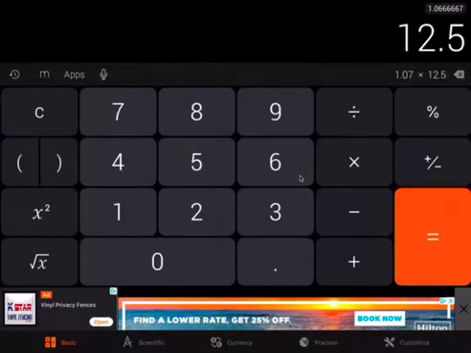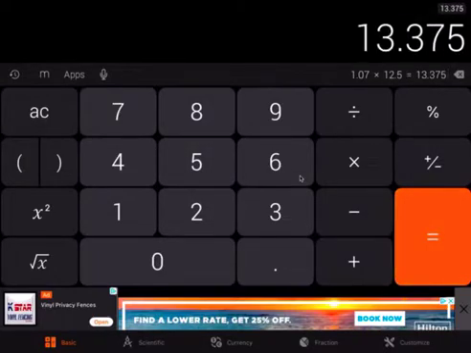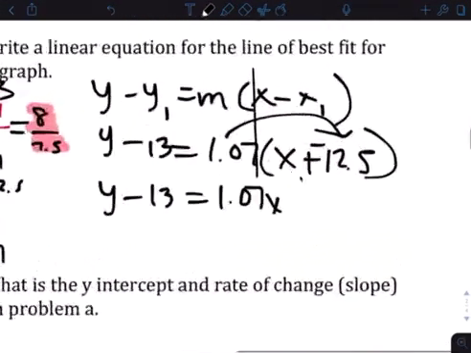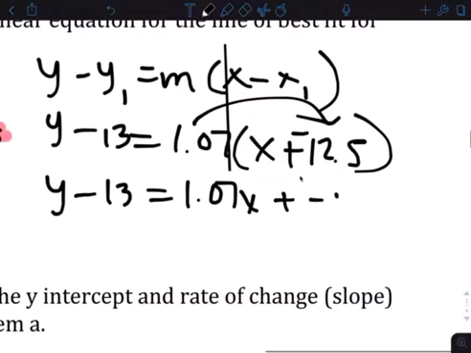There we go, finally correct. Equals 13.375. So this is plus a negative 13.375. Plus 13 to both sides.